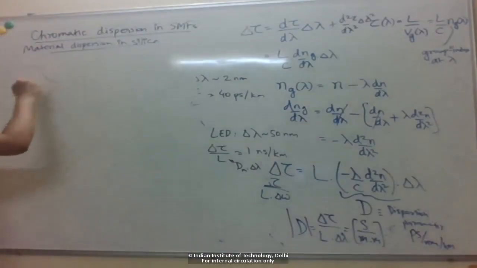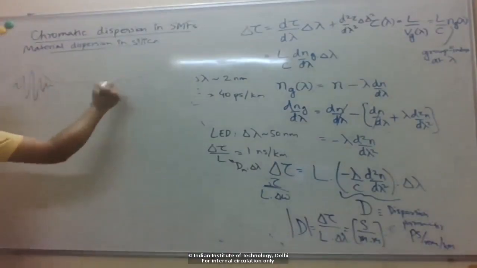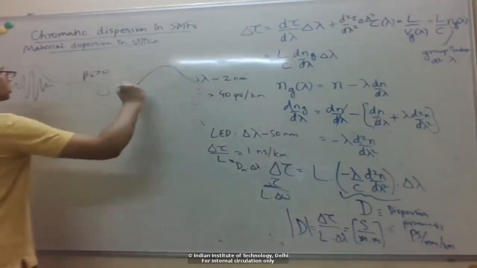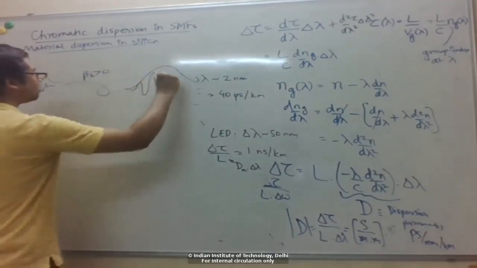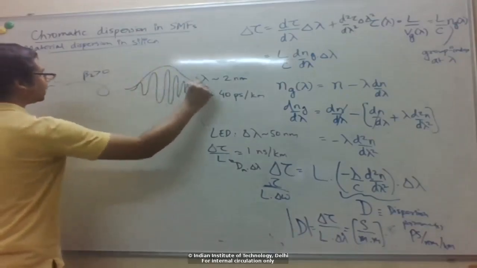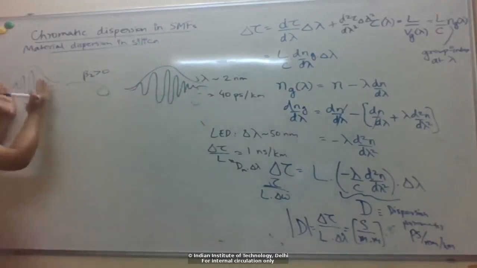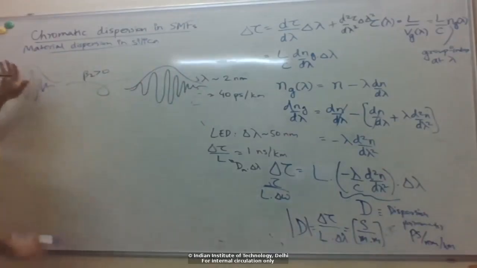So, for example, let's say we start with an unchirped pulse. Let's say we go through normal dispersion. So we get a positive chirp here, right? And the pulse will broaden, because we are starting with an unchirped pulse, so all the frequencies are present together.